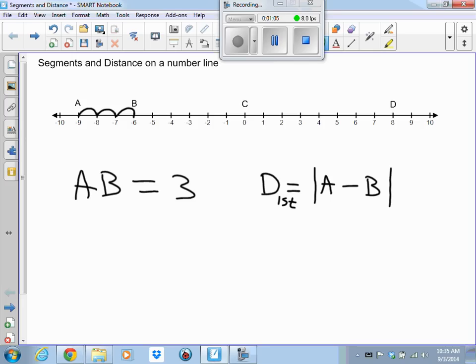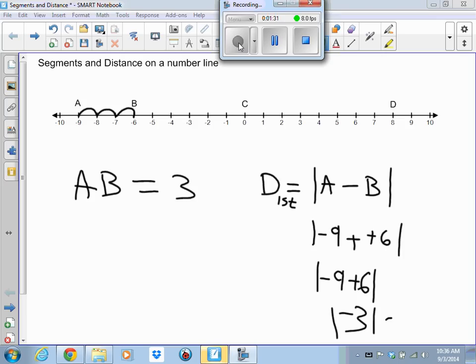Now, it does not matter if you do A minus B or B minus A, they're the same thing. In this case, we have -9 minus -6. That's -9 plus 6, which is -3.